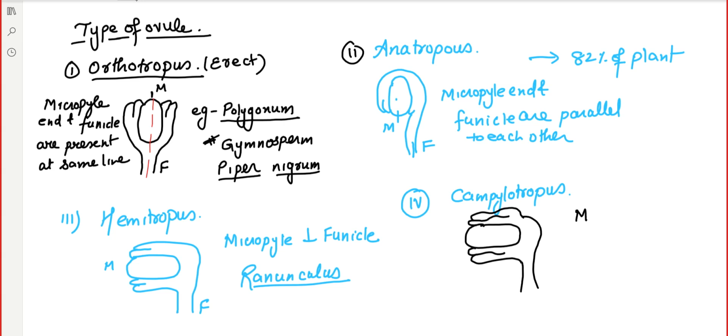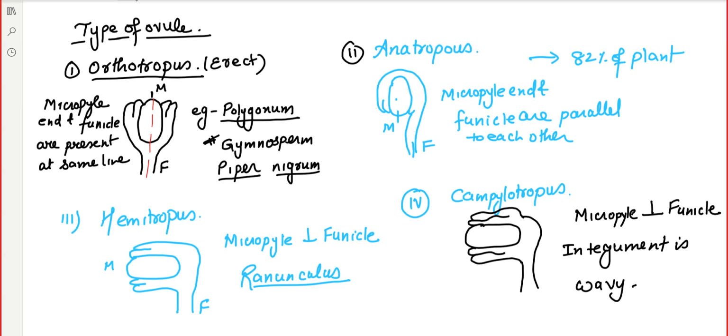So the micropyle end is perpendicular to the funicle, and the integument is wavy here. This is an example of mustard, Capsella. In these cases, you get this kind of ovule. We have two more types which we will see. First, write down this one.